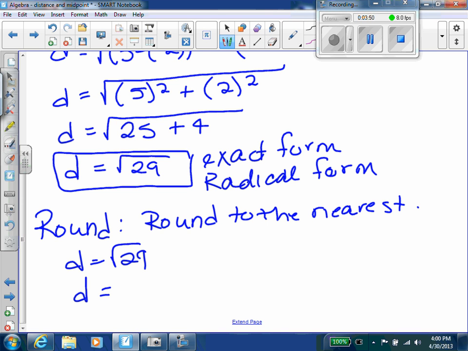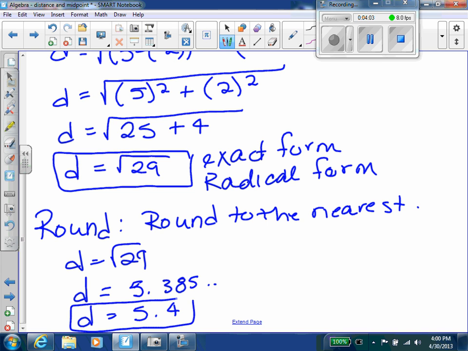The square root of 29 is really 5.385, and it continues, so rounding it to the nearest tenth would be 5.4, and that would be your answer depending on the instructions for the problem.